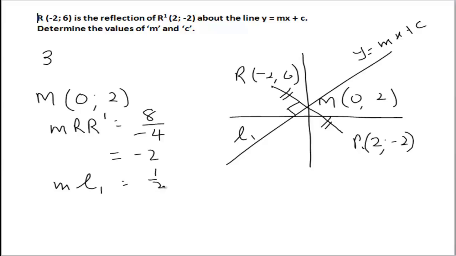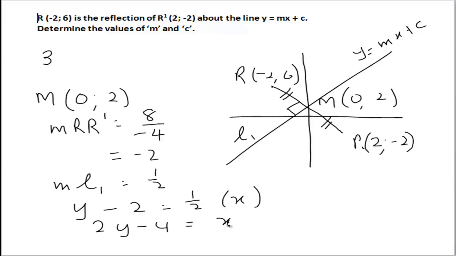So the equation is y minus 2, that's the M coordinates, equals a half into x minus 0, and you've got 2y minus 4 is equal to x.